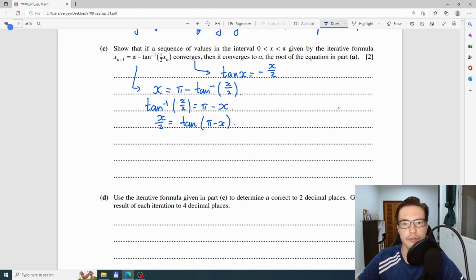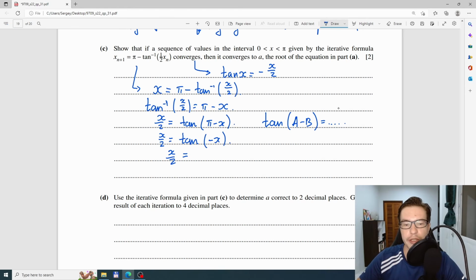Now, here we have two ways of dealing with tangent of pi minus x. The first one is to use the formula for tangent of a minus b. Or we can do it a bit simpler, because we know that the graph of tangent repeats itself after every pi radians. So that means x over 2 is going to be the same as tangent of minus x.